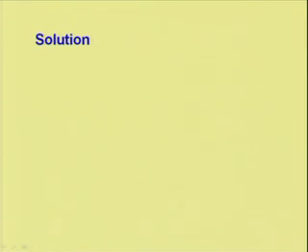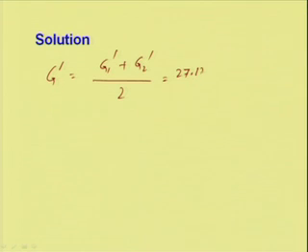Now, we can get G dash, which is (G1 dash plus G2 dash) divided by 2, which is equal to 27.12 kmol per meter square hour.